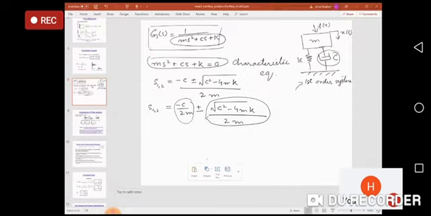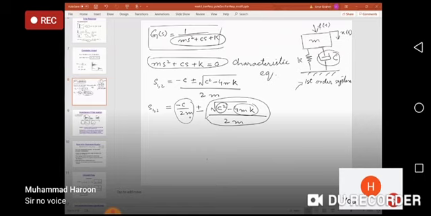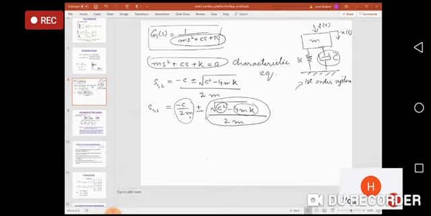The reason that this part can be imaginary, meaning it can have iota, or may not be imaginary, depends on whether the c square value is greater than 4mk. If the positive value c square is greater than 4mk, then c square minus 4mk will be a positive value, and the radical of that positive value will be some real value, not imaginary.